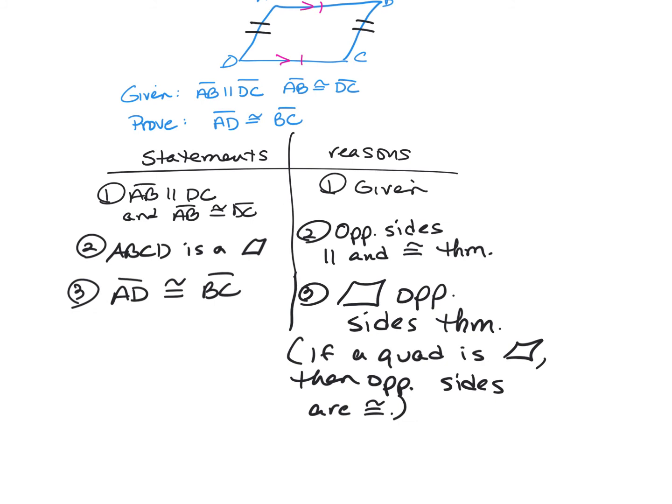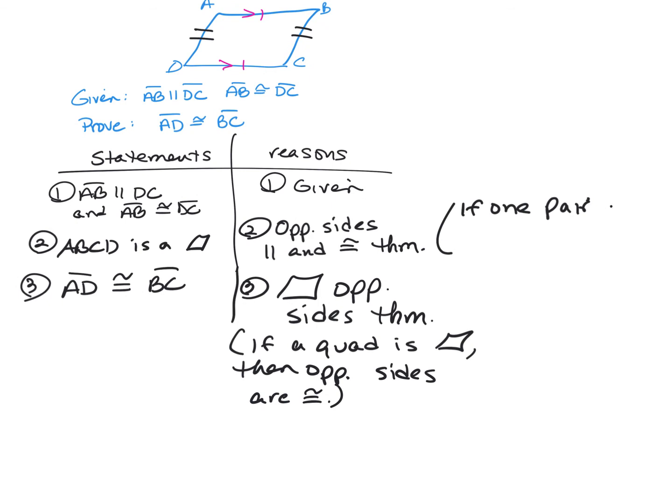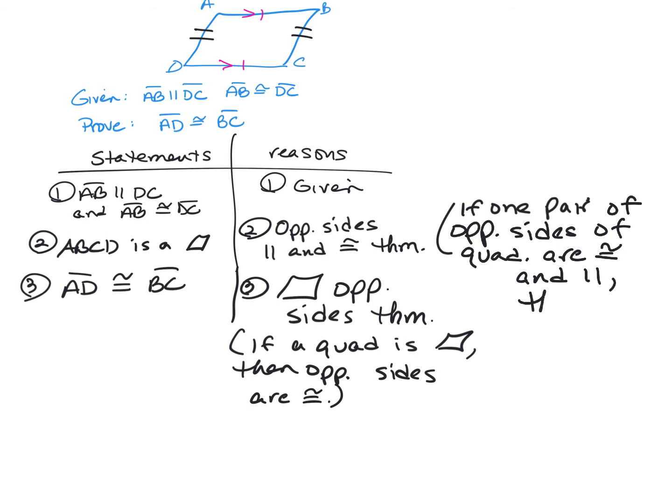Now, reason number 2 states that if one pair of opposite sides of a quadrilateral are congruent and parallel, then the quadrilateral is a parallelogram.